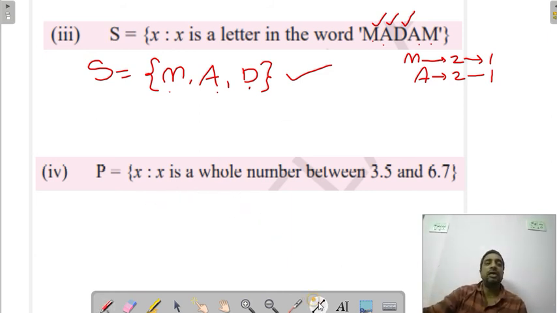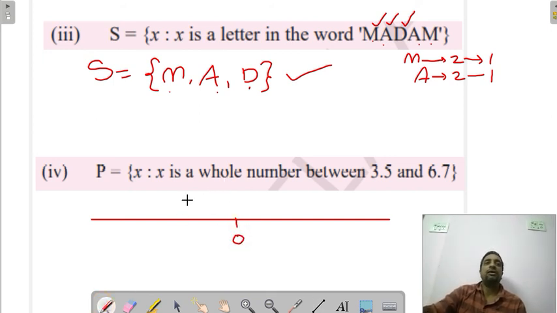The next question is very simple. Whenever questions come like this, it is better to write the number line. So write the whole numbers 0, 1, 2, 3, 4. Wait.